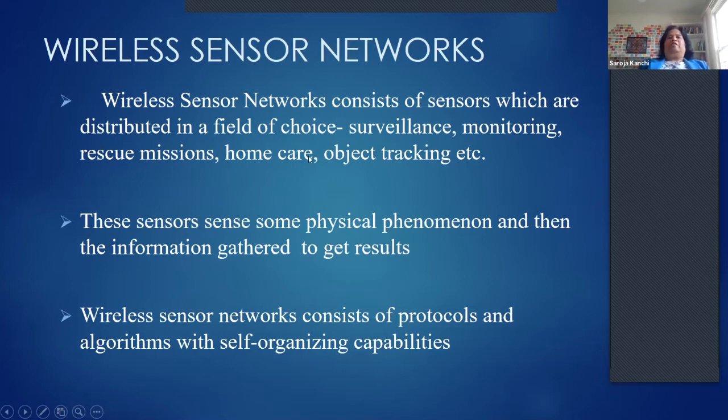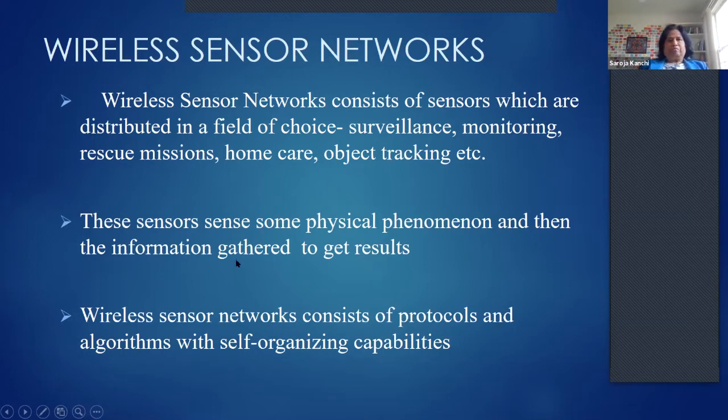So basically you embed sensors, which are very small devices, or you can use it for rescuing missions, such as landmines. You can provide home care, or you can track moving objects, such as autonomous cars and things like that.